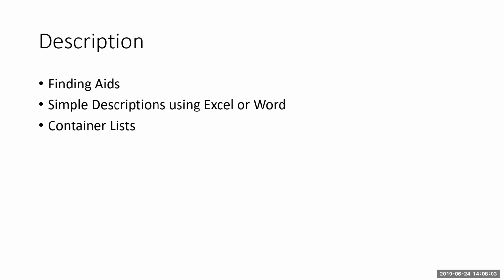You might have heard the word finding aids and not really understood what that meant, because it's not a very accessible term. Finding aids are similar to the catalog records in your library, but instead of information about the specific book, finding aids have information about the collection.